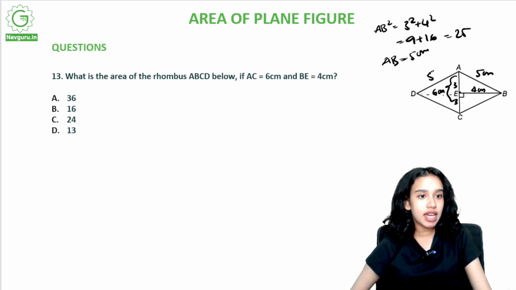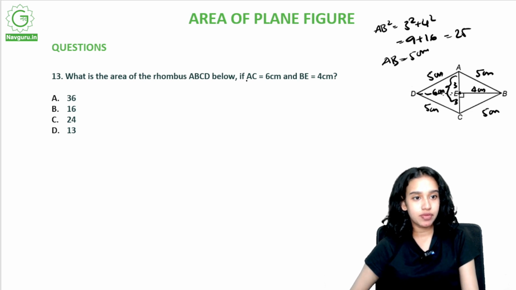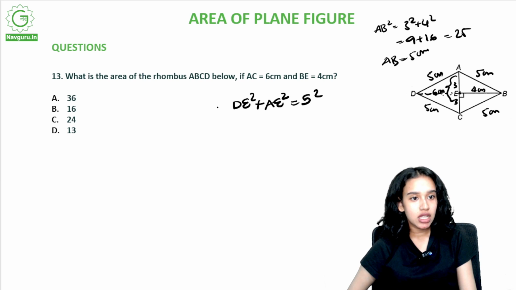Now, if that is 5 centimeter, every other side is 5 centimeter, right? Now, we have to find the length of this side. We have this is 3 and this is 5. So, we have to find DE. DE square plus AE square is equal to 5 square.